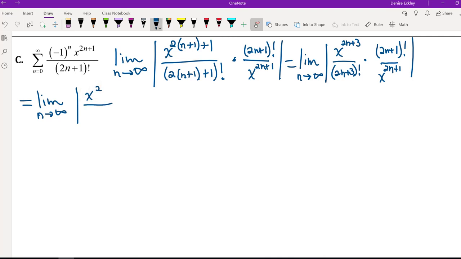And when I simplify my factorials, I'm going to have a 2n plus 3 and a 2n plus 2, because then the next term after that would have been 2n plus 1 going down, and they all would have canceled with the 2n plus 1. So when I take the limit as n approaches infinity of this, I get 0, which means that the radius of convergence is all real numbers.